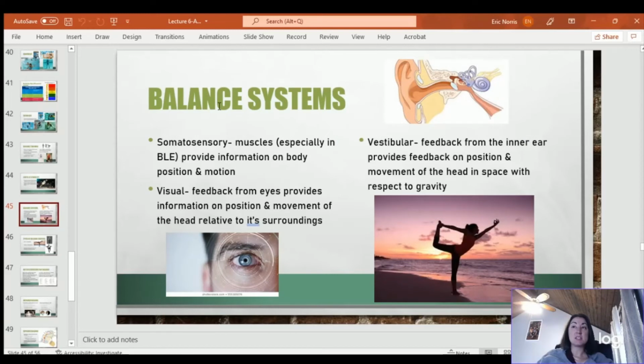We have 3 systems in the body that help us balance. There's the somatosensory system, which is the muscles in your legs, and it gives you information on your body's position and motion. Really your muscles everywhere, but primarily the ones in your legs, give you the most feedback for your balance. The visual system, which is from the eyes, gives you information on your position and the movement of your head relative to its surroundings, so head movements.